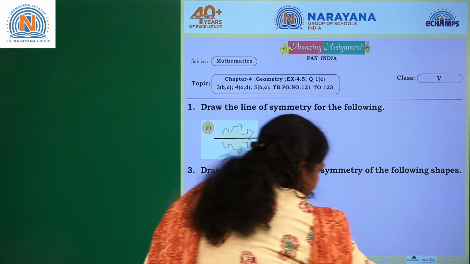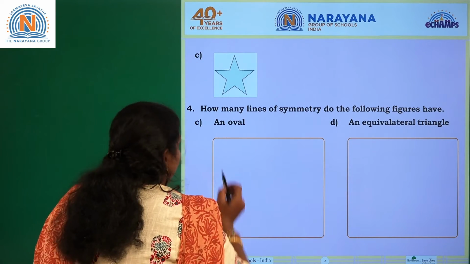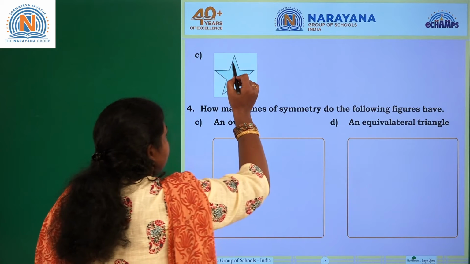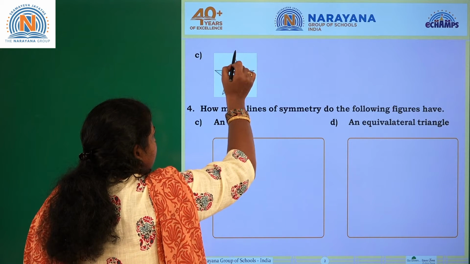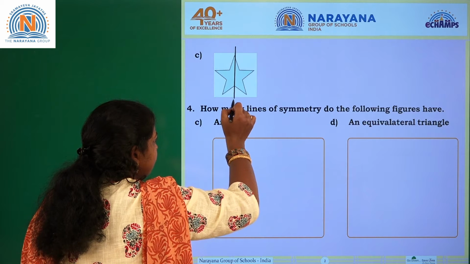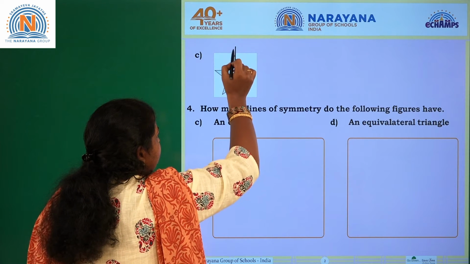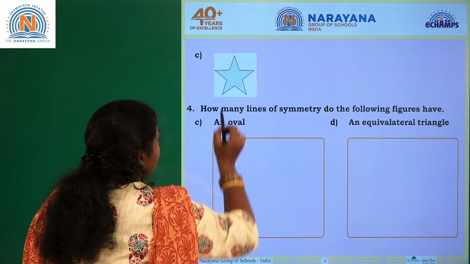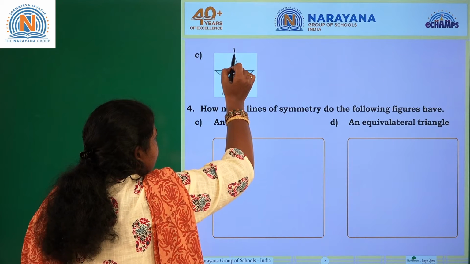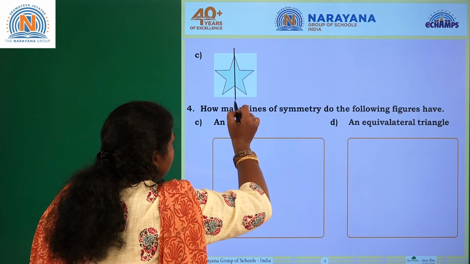Another picture. A star is there. How will you draw the symmetrical line for the star? Wherever you divide the picture along the line, both sides should look the same. Where the possibility is there, you have to look at the possibilities and then draw that particular line.